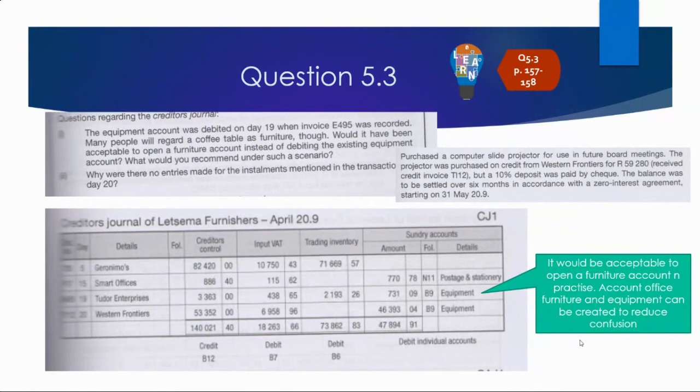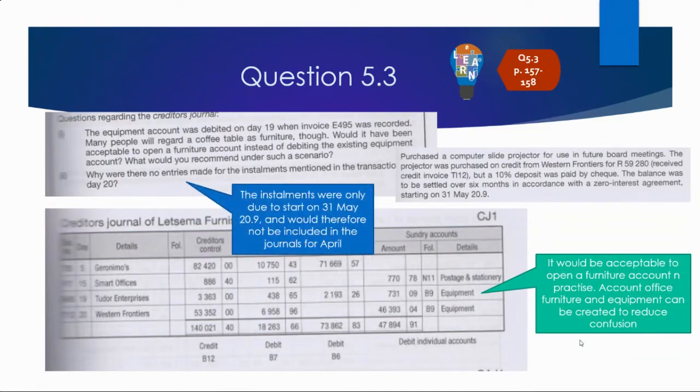Okay, now we've included the full amount in the creditors journal for Western Frontiers, which is that 53,000. But the installment will be showing in our cash book payments journal as opposed to our creditors journal. And then the other thing that you had to see is that the installments only start on the 31st of May.